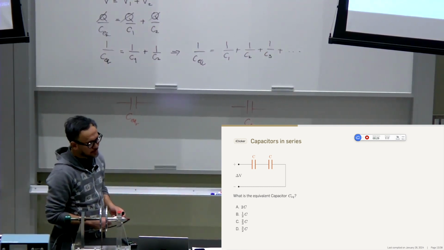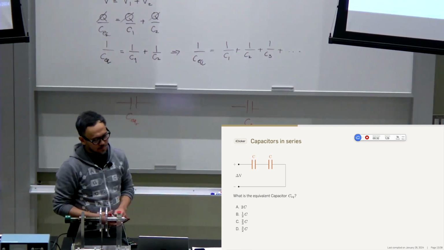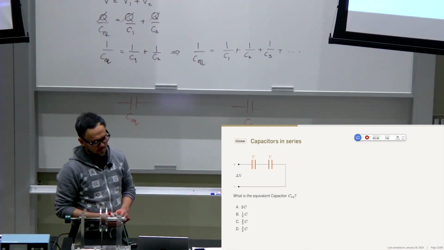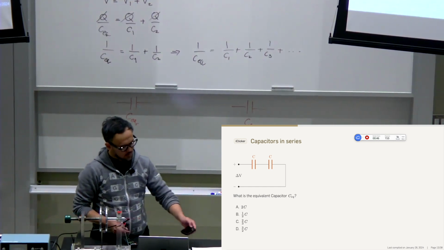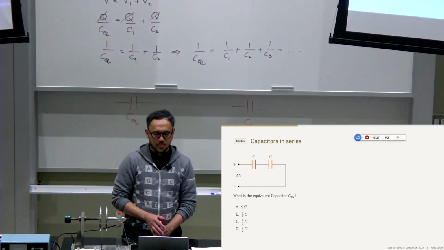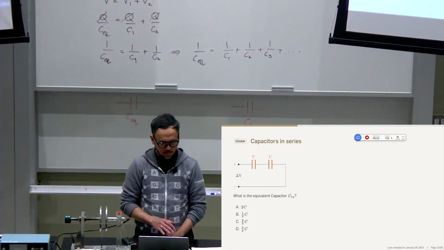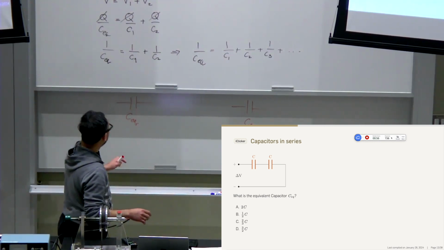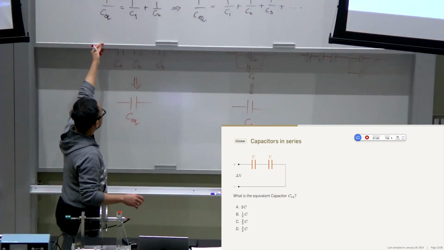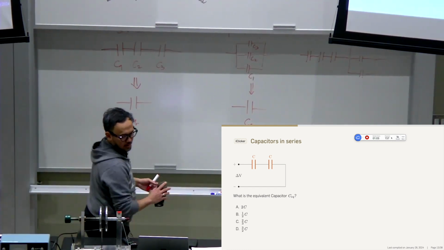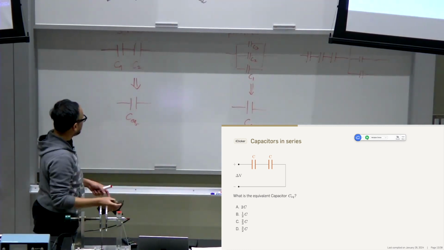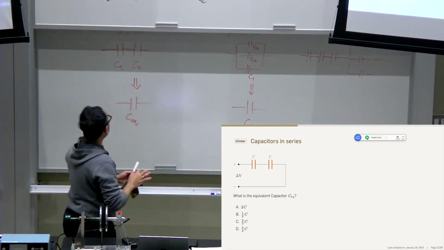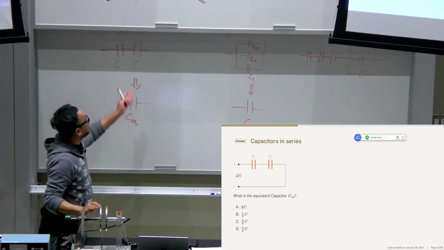Okay, 30 more seconds. All right, 10 more seconds. All right, so what is the answer? Two capacitors, what is C equivalent? To be exact, C1 is equal to C2.